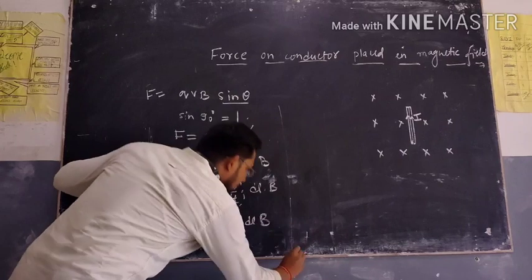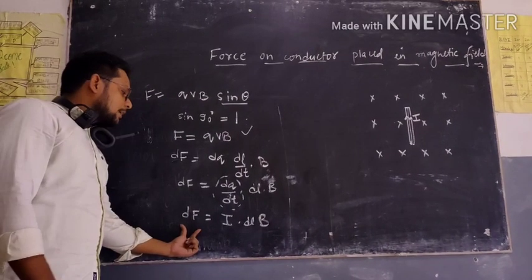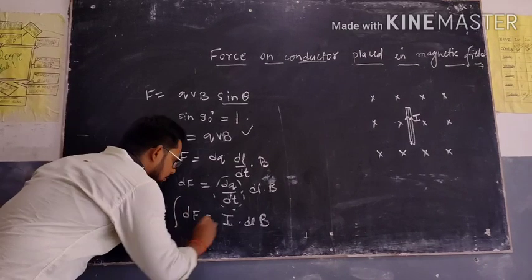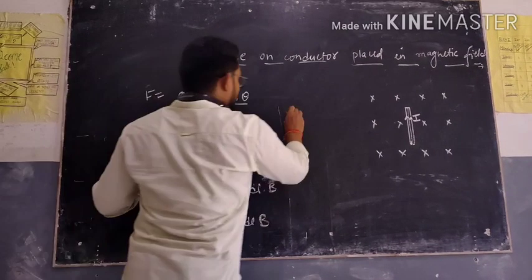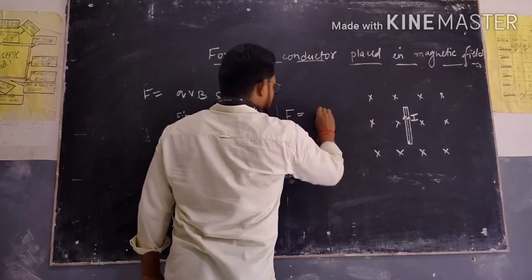Now, moving on, for extracting out the force, integrate both the sides, so it would become force. I and B are constants here.